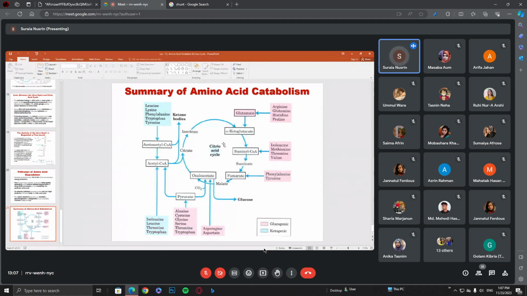ওকে, নাও তাহলে এখন আমাদের যদি এখানে আমরা সামারির দিকে তাকাই তাহলে আমাদের কি শেখা উচিত বলো? এই যে গ্রুপ অফ অ্যামাইনো অ্যাসিডস আমরা দেখছি, যদি আমরা একদম টপে তাকাই, arginine, glutamine, histidine, proline, so they are becoming glutamate and eventually alpha ketoglutarate. তাহলে এই পার্টই আমাদের শেখা উচিত না?